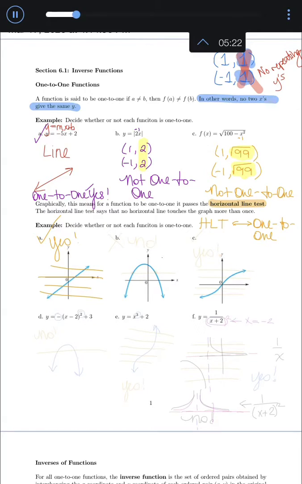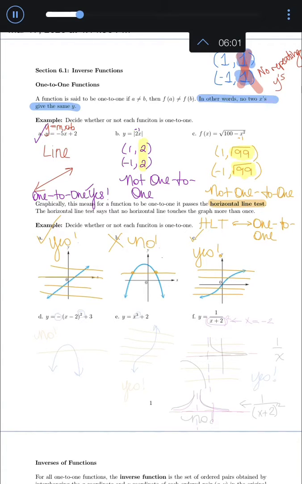Now let's look at problem B. On problem B, we have a parabola, but let's draw just one horizontal line, and what we'll notice is it hits more than once, it hits twice, so automatically this is not one-to-one, because we have at least one horizontal line that hits it more than once. Let's look at C, which looks like a cube root graph probably. Any horizontal line we draw, notice, is only going to hit the graph at most once. So yes, it is going to be one-to-one according to the horizontal line test.